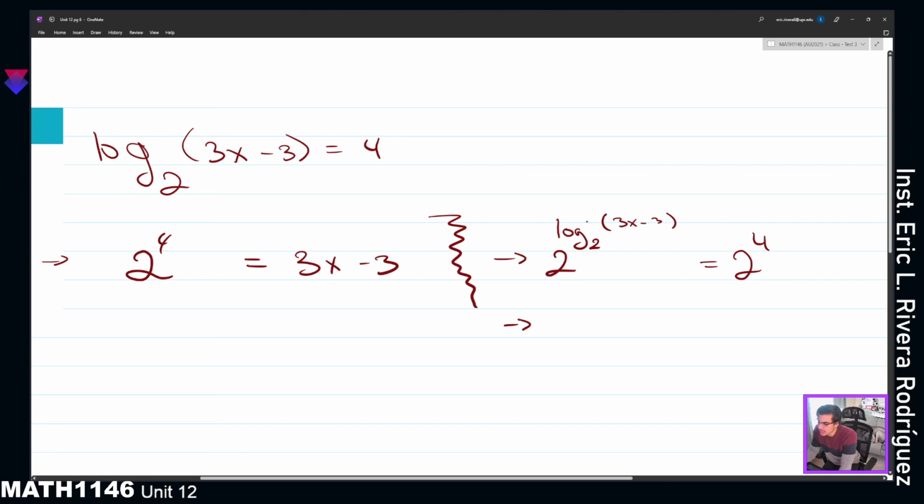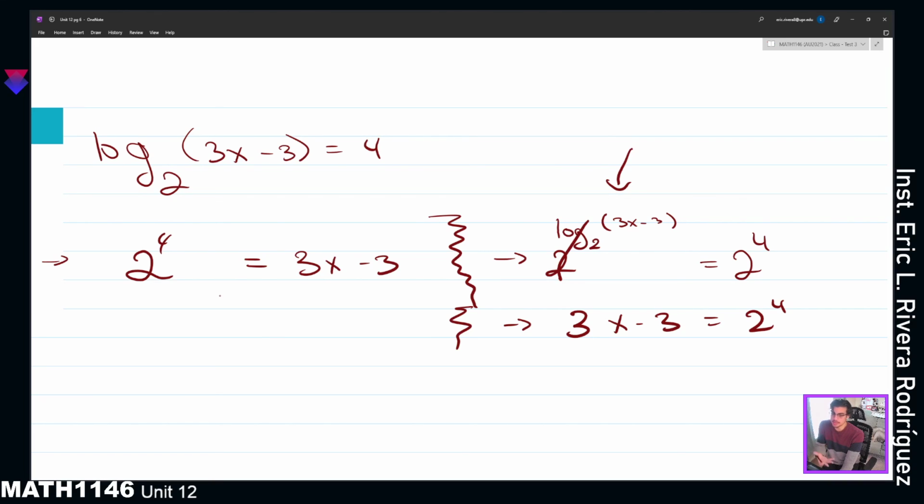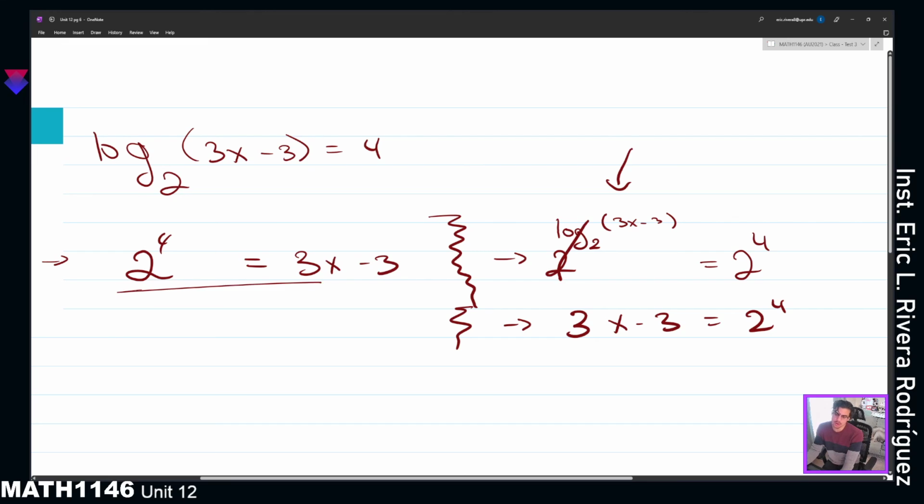Because now I can cancel this and bring down 3x minus 3, and this is just 2 to the power of 4. Both are the same, either way is going to be okay. You will find these steps more in mathematical textbooks, but here, since we are leaning more on the properties, you can just go straight forward and get this.